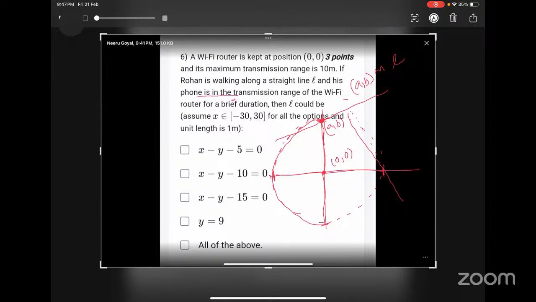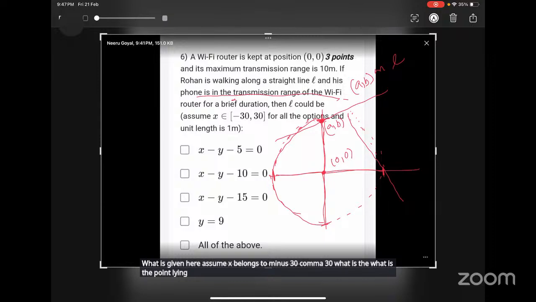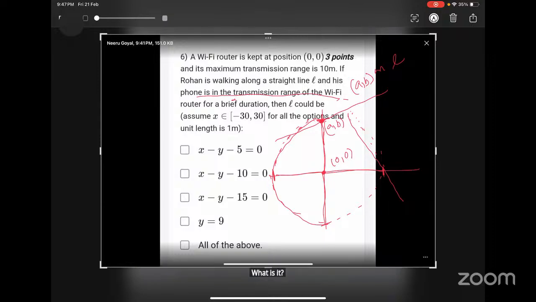Okay, so his phone is in the transmission range of the Wi-Fi router. Transmission range means the whole circle, right? What is given here? Assume x belongs to minus 30, 30. They have given a range of the variable x.